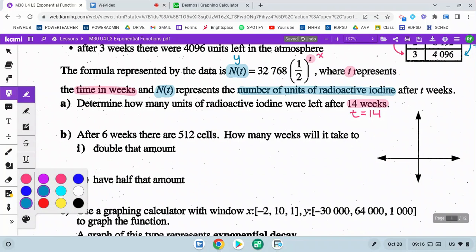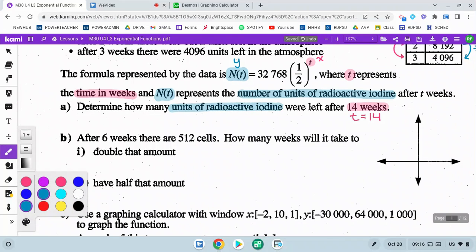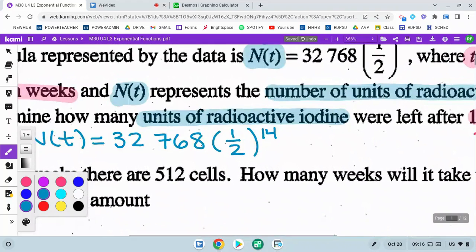And I am looking for the units of radioactive iodine, which is N of T. I have an equation that says N of T is equal to 32,768 multiplied by 1/2 to the power of T. But now we know that T is 14, so we're plugging that into the equation. We don't even have to rearrange. We can just type that into our calculators and see what we get.